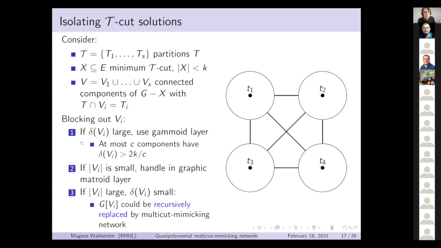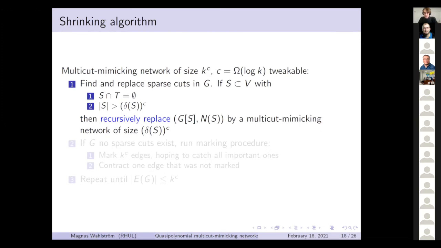At that point, we will be able to handle every component in the graph by either saying that it's one of the few large components, or it's part of a relatively small tail. So now the interesting part of the rest of the argument is to assume that case 3 has been dealt with. Assume that there don't exist any cuts which are so sparse that we could shrink Vi recursively, and then ask why there is a marking process that should work.